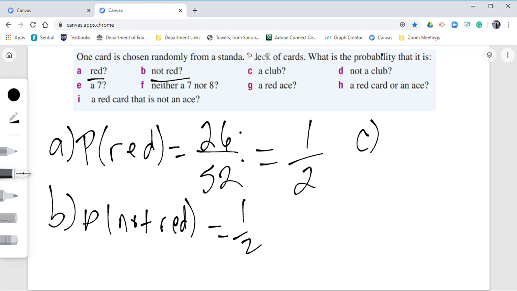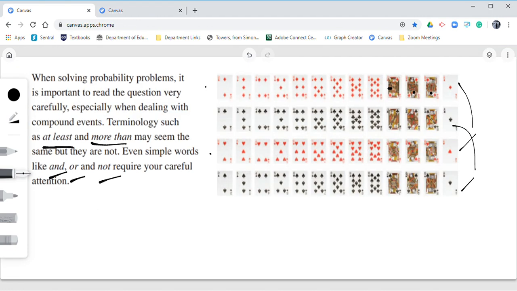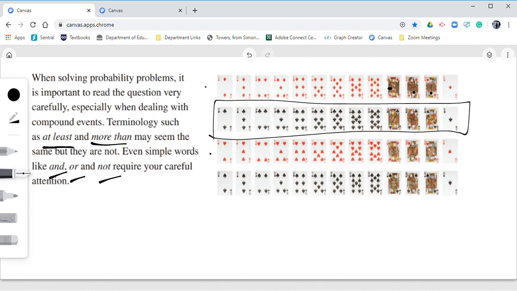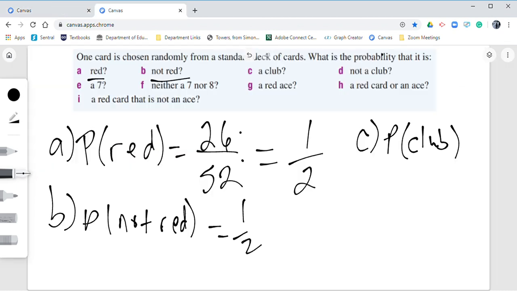C, what's the probability of it being a club? So the probability of a club. You can take a second and look at your deck, and you know that your clubs are these ones right here, and that would be 13 clubs in a deck. I counted that out: 1, 2, 3, 4, 5, 6, 7, 8, 9, 10, 11, 12, 13, if you're not sure.